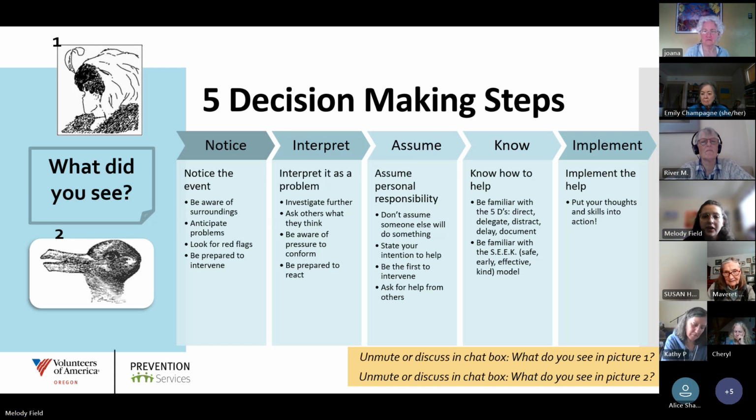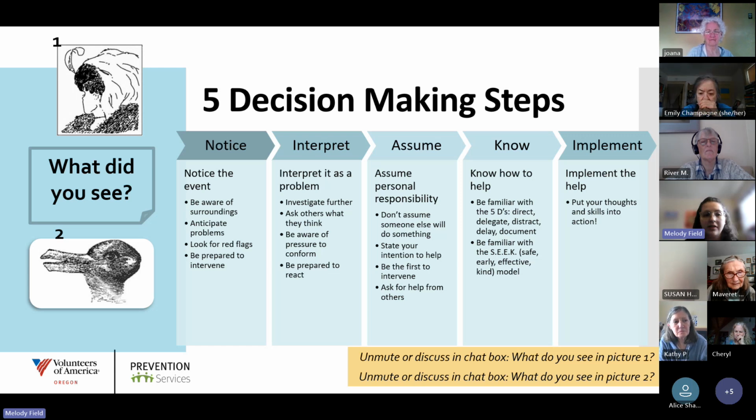So you might be aware of a conflict among some team members that hasn't been addressed. You might be able to anticipate that a situation might escalate if left unresolved. And a situation like that could be considered a red flag indicating a potential for intervention.